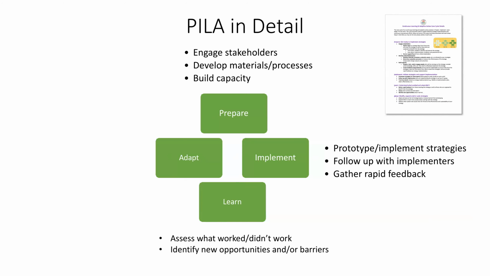In the learn phase, as we talked about before, it's really about assessing what worked or what didn't work. Now, obviously, it's possible to also be doing some of that learning in the implementation phase.